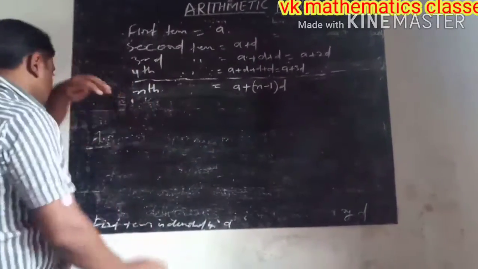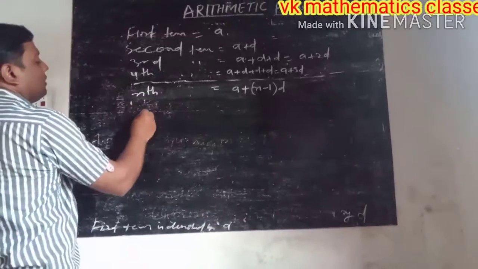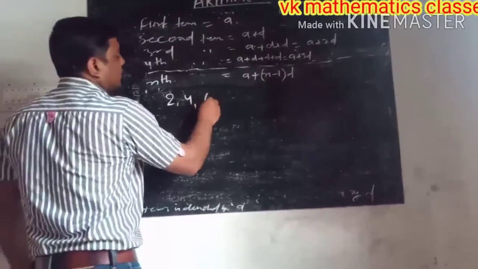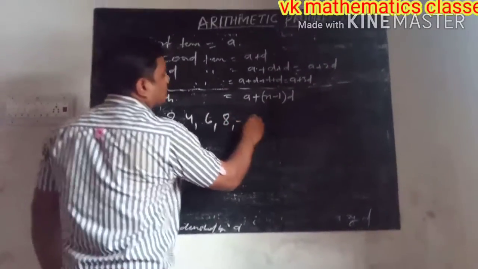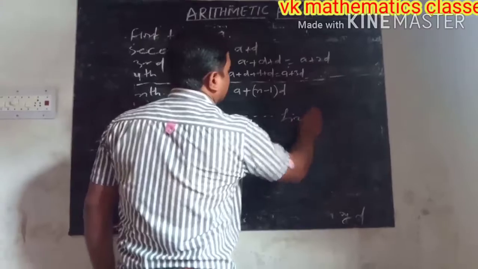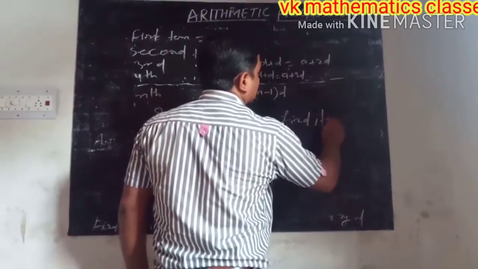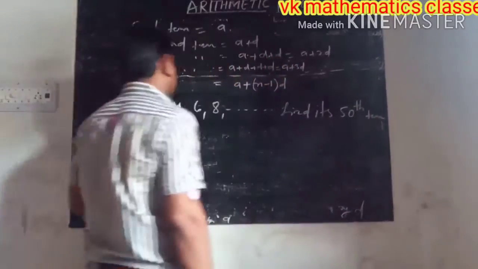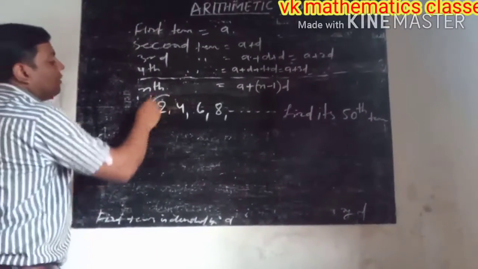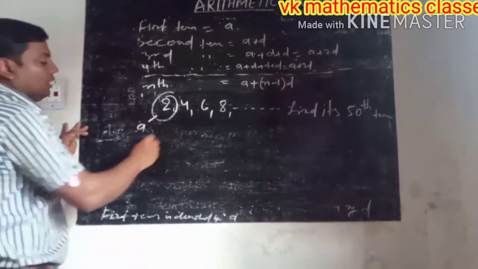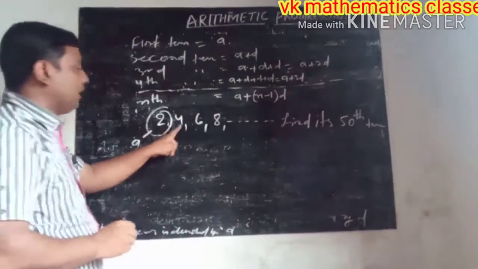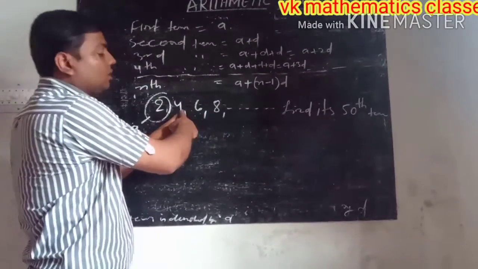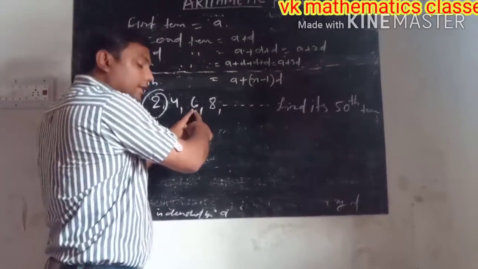Suppose this is the series 2, 4, 6, 8. Find its 50th term. In this question, the first term is a, and the common difference we find is 4 minus 2, or 6 minus 4, or 8 minus 6.